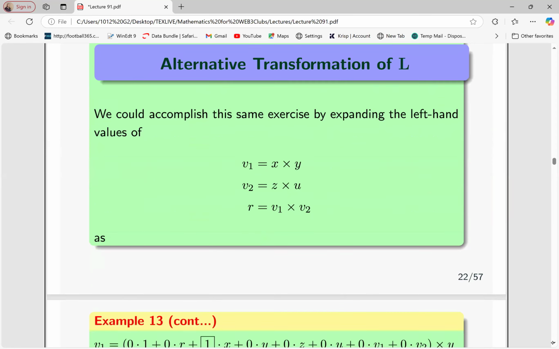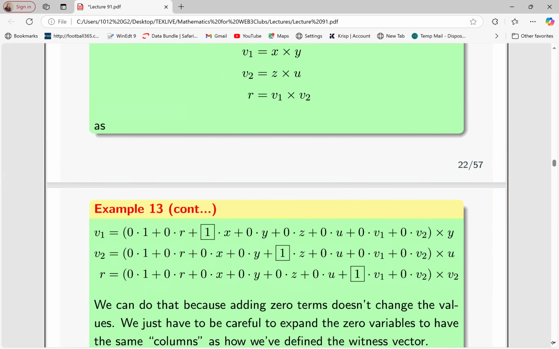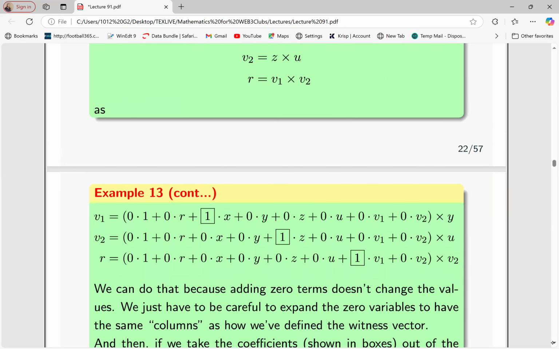The alternative way is that you identify where the witness was 1, R, X, Y, Z, U, then V1, then V2.